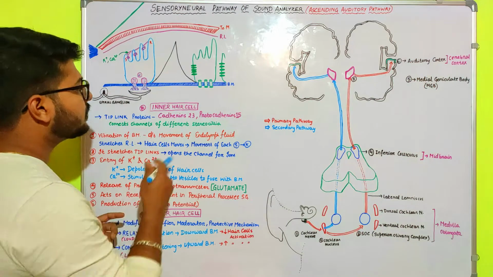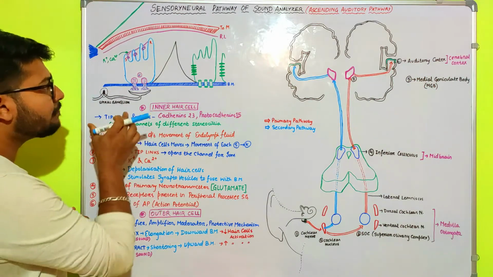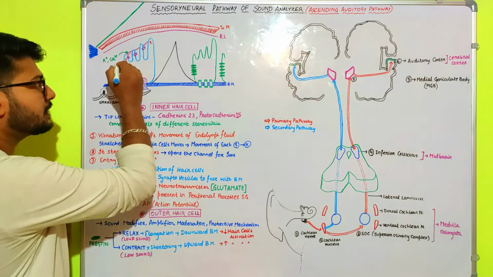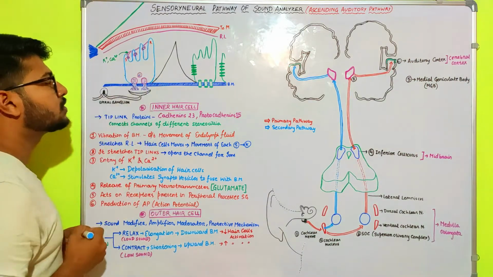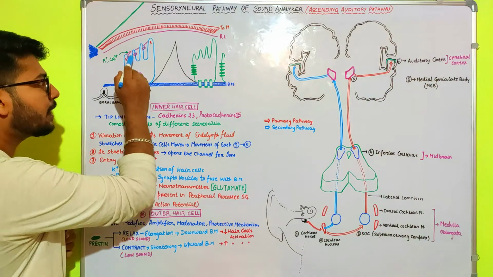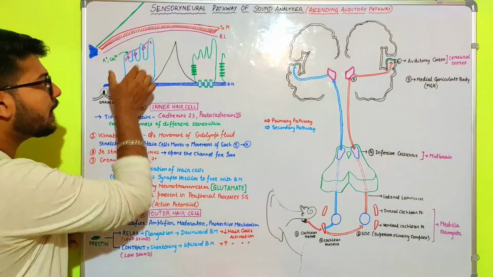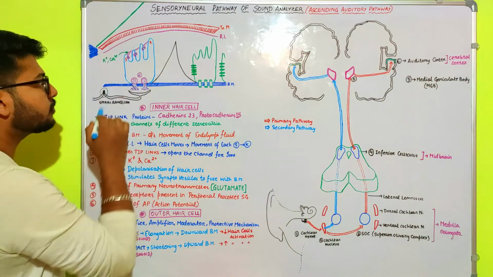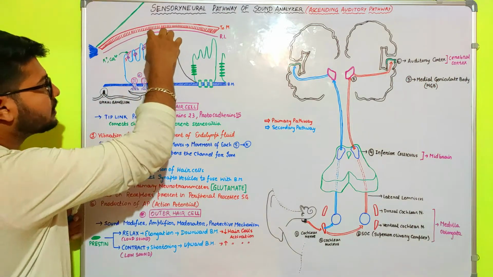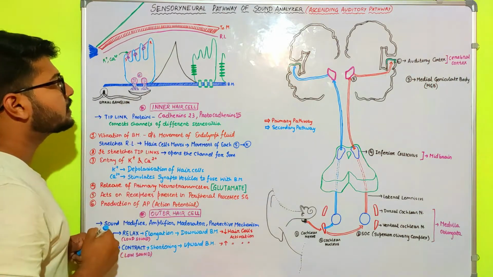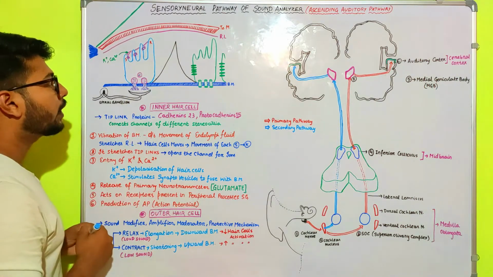So what happens is, inside the inner hair cells we have special structures. What are these? These are stereocilia and kinocilia. The finger-like projections that are facing upward in these columnar hair cells are known as stereocilia, and the longest finger-like projection is known as the kinocilium.